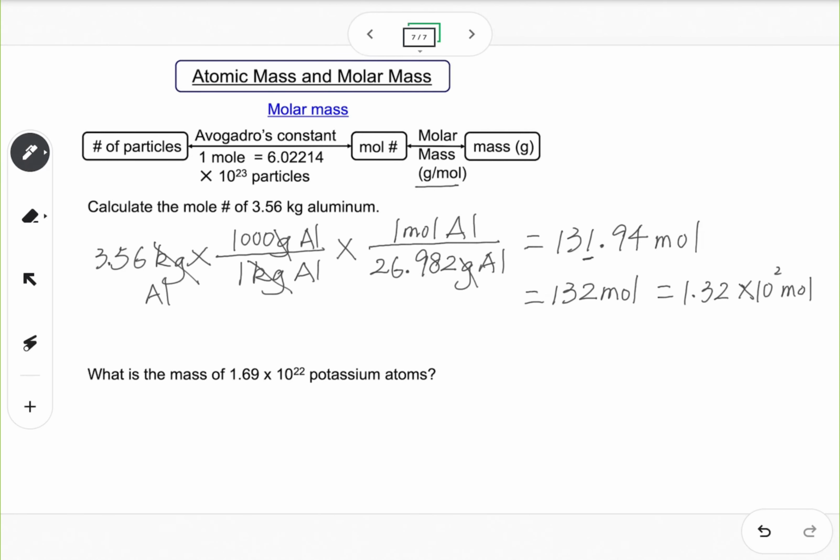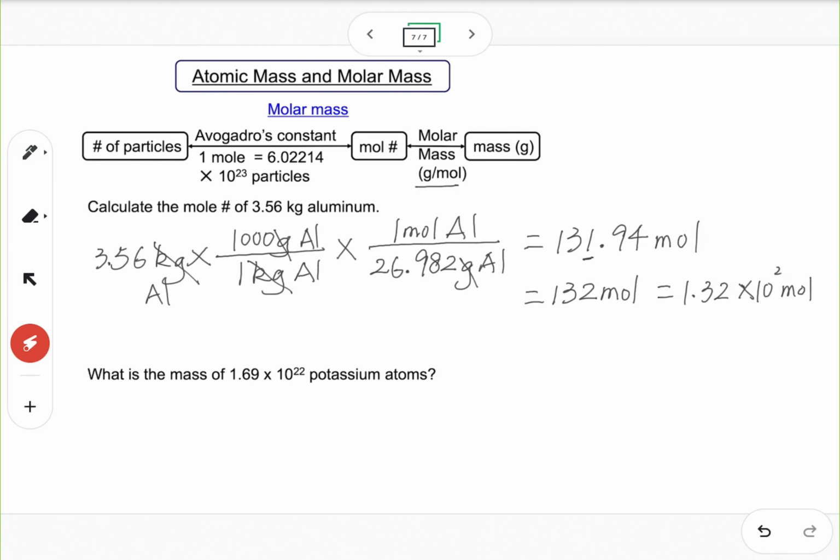The last question, what is the mass of this many potassium atoms? In this question, you know how many potassium atoms you have, and it asks you to calculate the mass, so you need to use both Avogadro's constant and the molar mass.